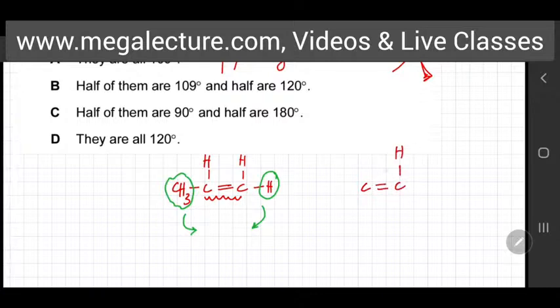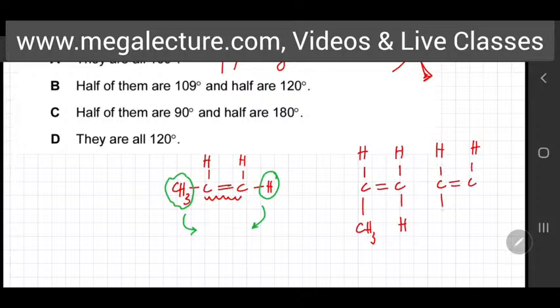The H's are in the right position, but this H over here, instead of drawing it on the right side, I'm going to draw it downwards. And instead of drawing the CH3 on the left side, I'm going to point it downwards. So that's going to be my CH3, and there would be lots of propene molecules.